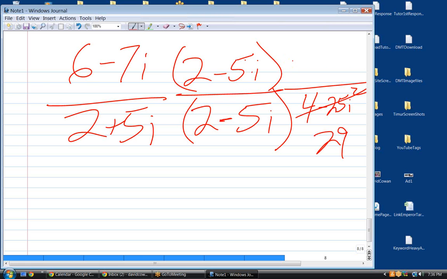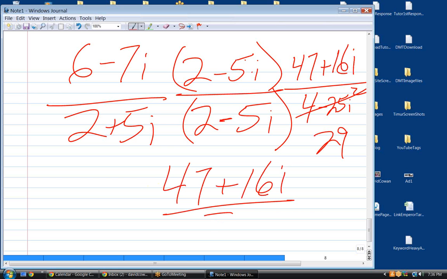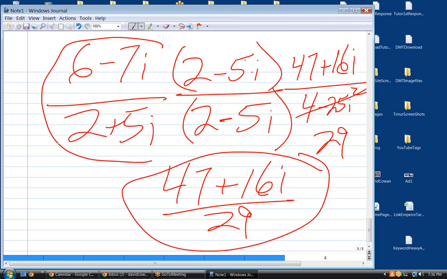What was that? That was 47 plus 16i. So our final answer is 47 plus 16i over 29. So that's what that divided by that is equal to. And of course we might want to put that in a plus bi format, which would be 47 over 29 plus 16 over 29i.